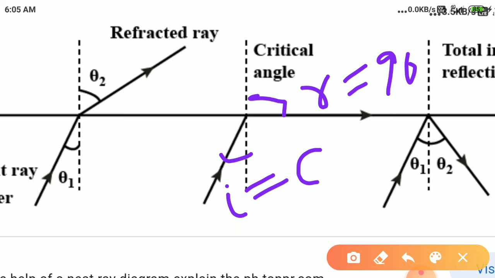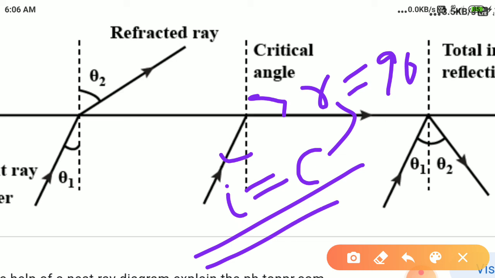So when a ray of light passing from a denser medium to a rarer medium is incident on the surface separating the two media at an angle for which the refracted ray just goes along the surface separating the two media, or the angle of refraction becomes 90 degrees, that angle of incidence is known as the critical angle.